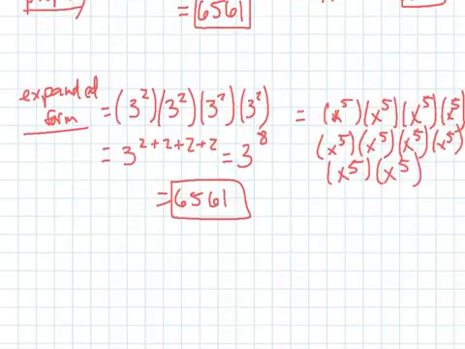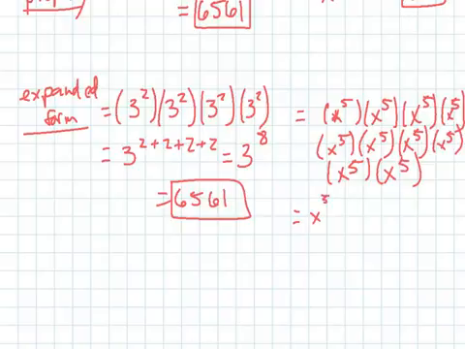See, there's 10 x to the 5ths, so now you're adding 5 plus 5 plus 5, ten 5's in all. So there are 10 5's up there, which gives us 50.